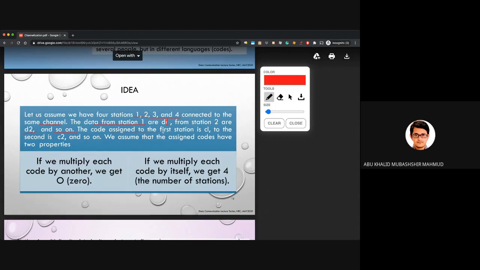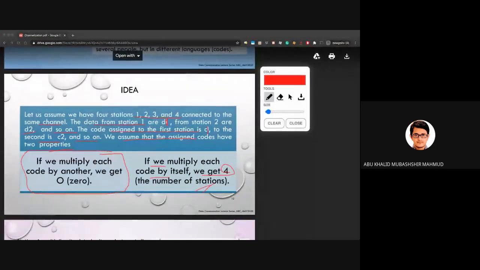The code assigned to the first station is C1, to the second is C2, and so on. We assume that the assigned codes have two properties. If we multiply each code by another, we get a product of 0. If we multiply each code by itself, we get 4, the number of the stations.